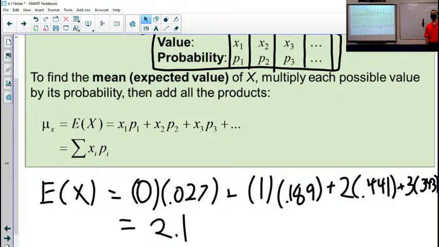So that is our mean amount of flights that we would expect to be domestic. If we received a whole bunch of calls, on average, about 2.1 of them would be domestic. That's the idea here.